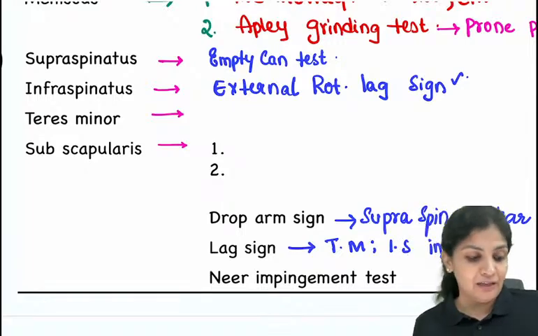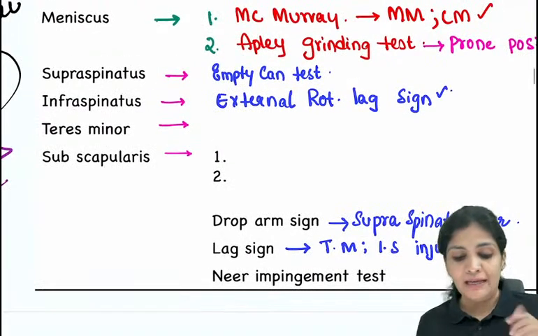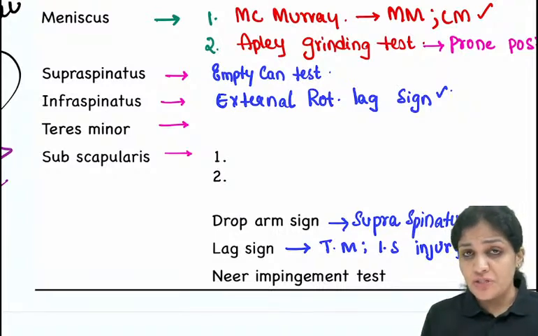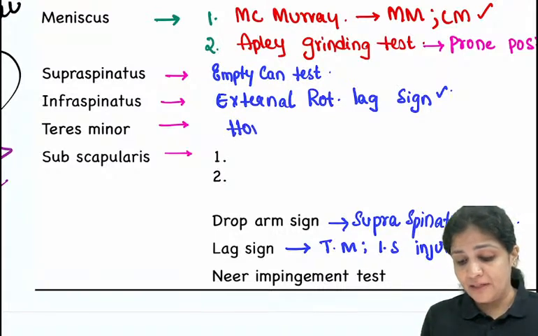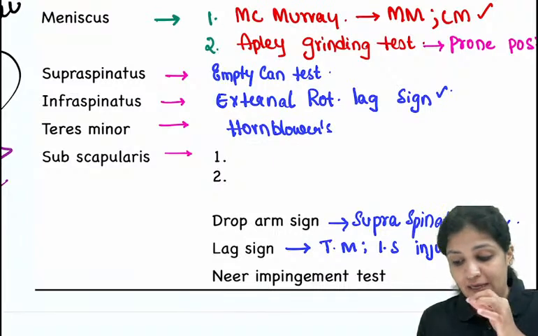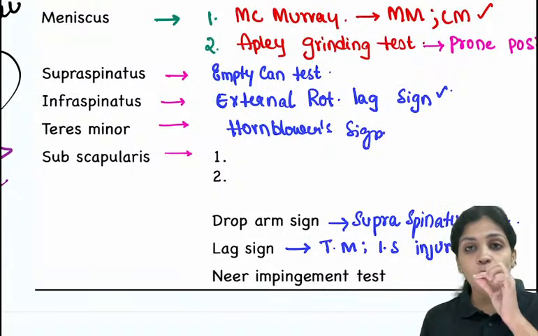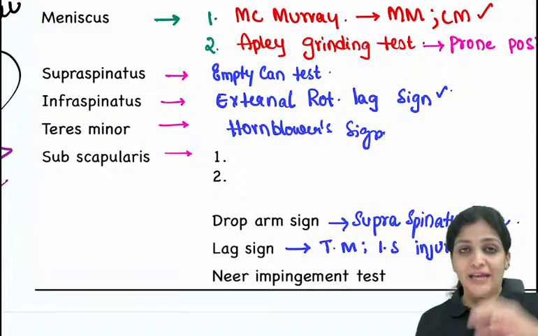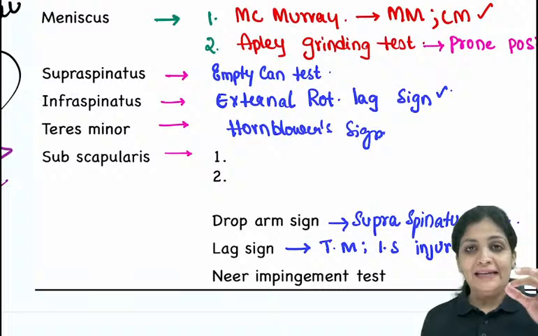There is something which is very specific for teres minor, which is called the horn blower's sign. So this is like blowing a horn. They can't do the external rotation and then they take this horn blower's position. So this is called the horn blower's sign.